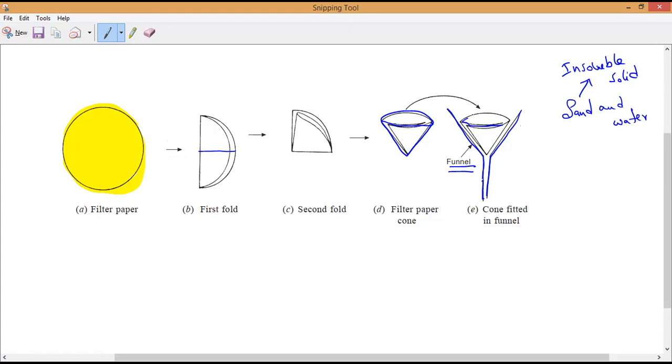I take the funnel and keep the filter paper according to the shape of the funnel. In the lab, you have to make it like this: take the filter paper, first fold, second fold, and make a filter paper cone. The cone is fitted in the funnel.